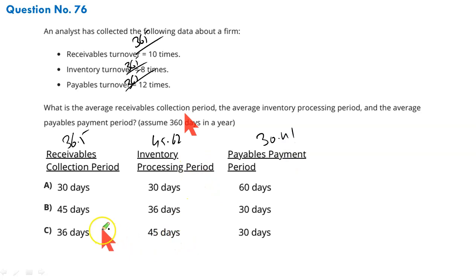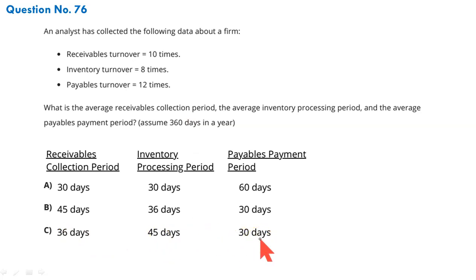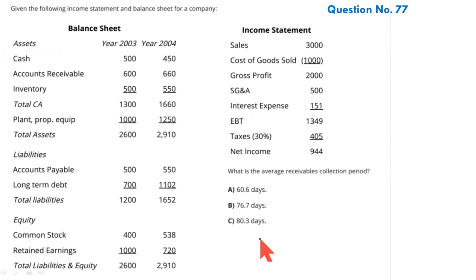So I think C matches nicely with all the options given. So it's C. And if you're required to calculate the cash conversion cycle, this plus this minus this, right? So that makes C the correct option.